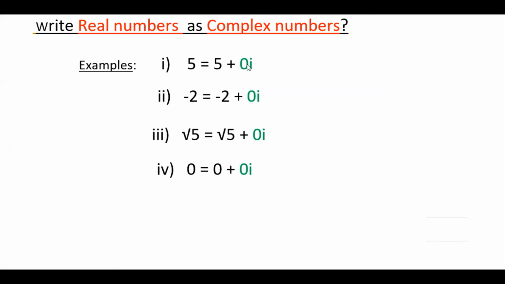So 5 is equal to 5 plus 0i and minus 2 is equal to minus 2 plus 0i. If you add this part, there is no change in the number. So you can write real numbers as complex numbers like this.